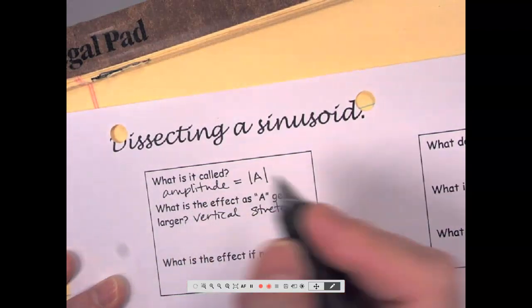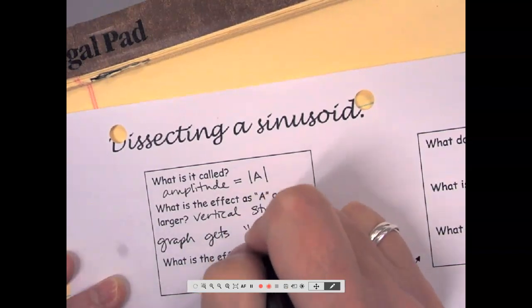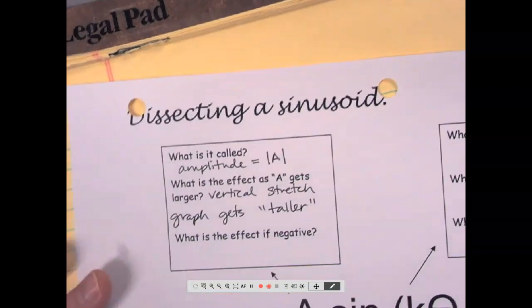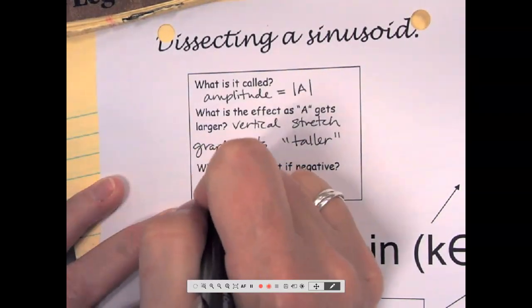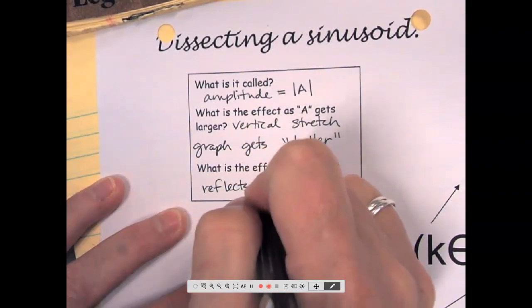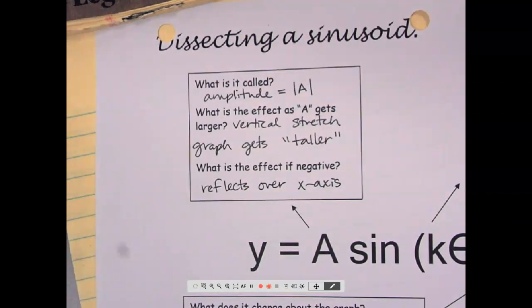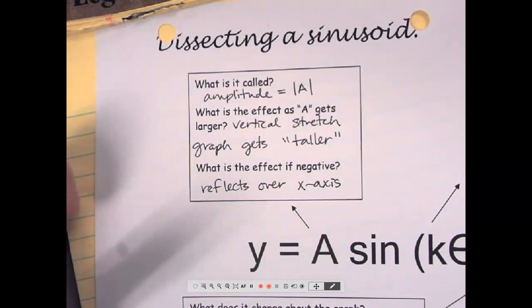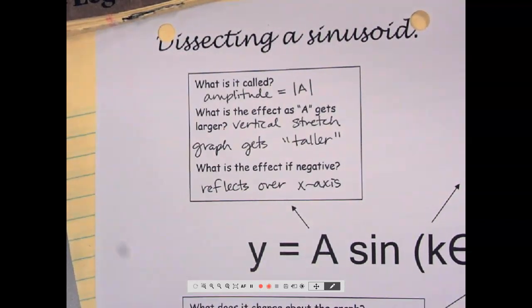The graph gets taller. Okay, what happened when it was negative, with the negative 1/2? It reflects over the x-axis. Now, guys, these things are no different from when we did the rational functions. These are all the same changes we've looked at before, and these changes hold true with any set of functions.